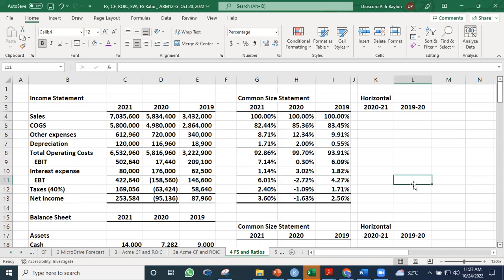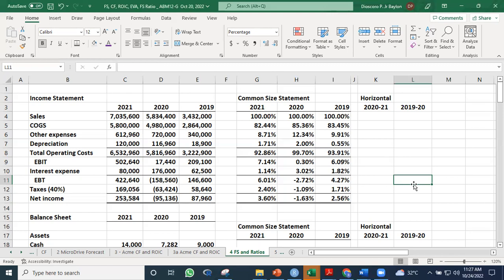thing to do also. Kasi kunyari, let's take a look at cost of goods sold. Cost of goods sold natin in 2021 is 82.44%. And what does that mean? Ibig sabihin, sa bawat piso ng sales natin, around 82.4 or 82 centavos of that is invested in the cost of the goods itself.